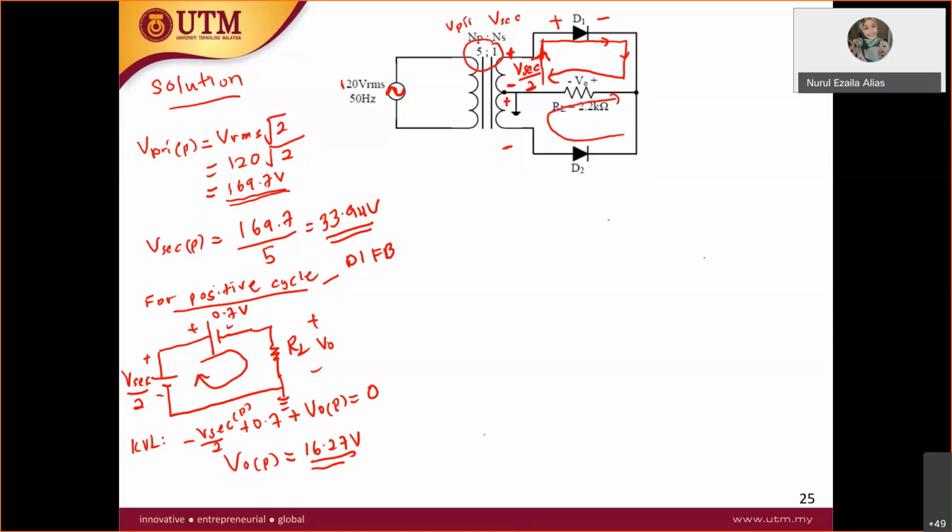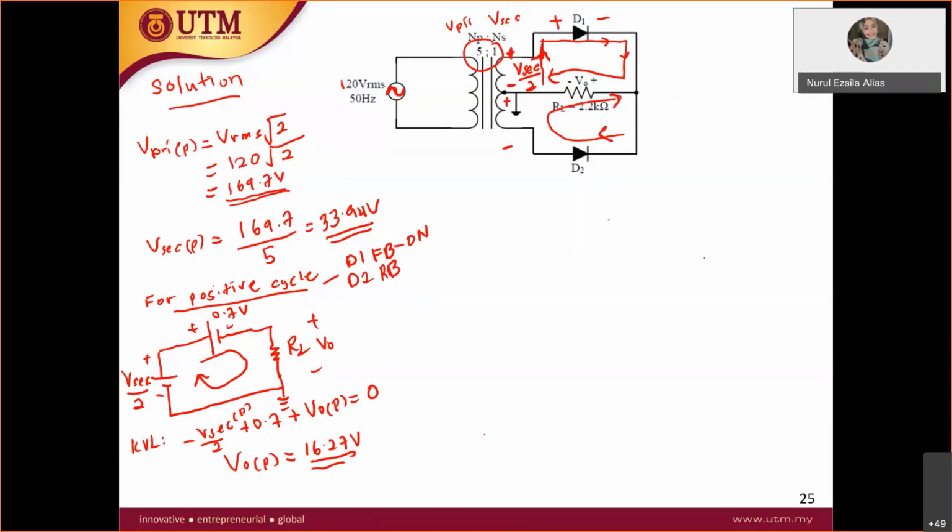When in this direction, what happened to D2? Reverse biased. So you don't need to bother about it. Only D1 matters. During the positive cycle, current has the option to pass through D1 to the V out, and finally you are able to get your V out.